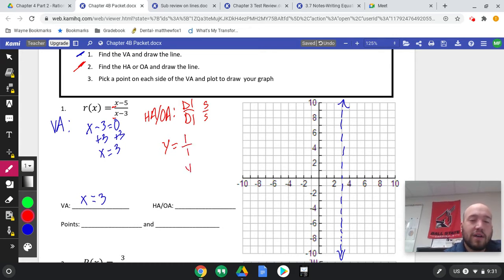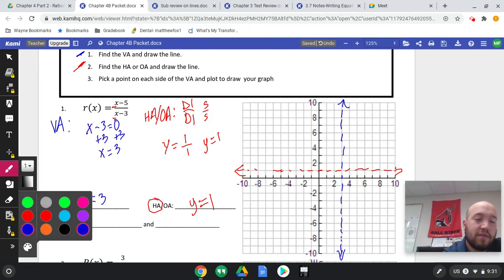So our answer would be y equals 1. And so go down here and we'll circle it's a horizontal asymptote at y equals 1. Go on your y-axis and we can go through at 1, and we'll draw that horizontal asymptote in, and we're done.